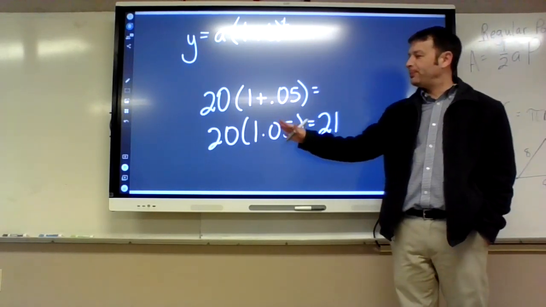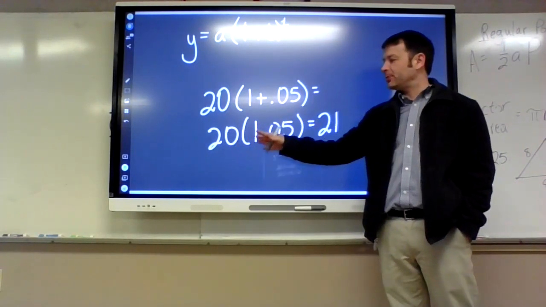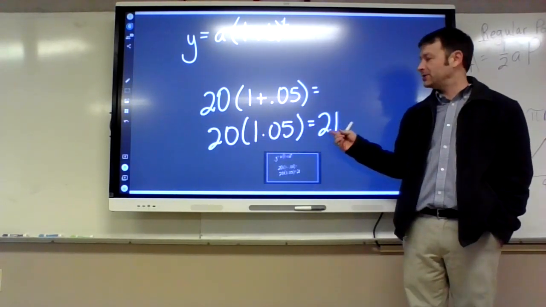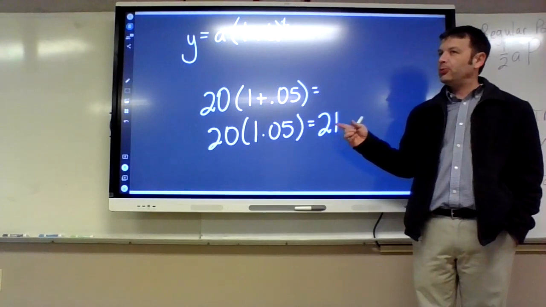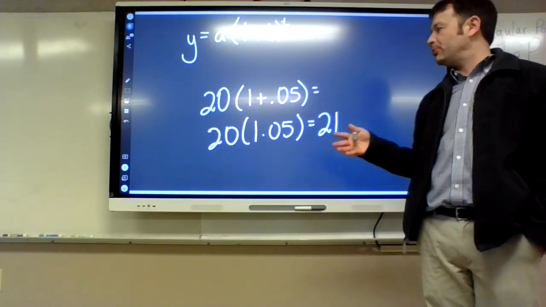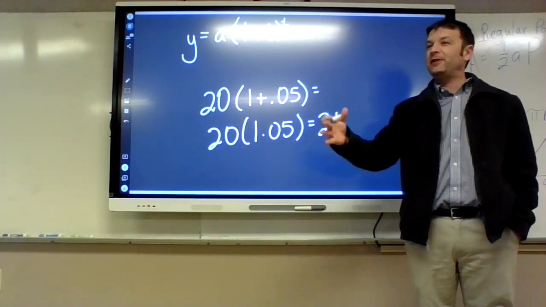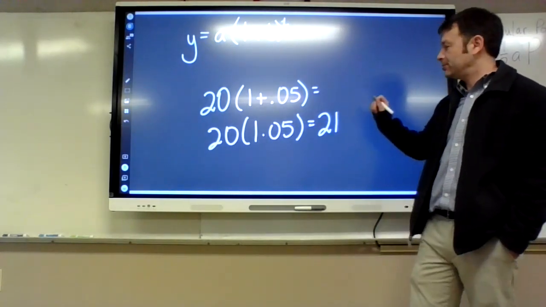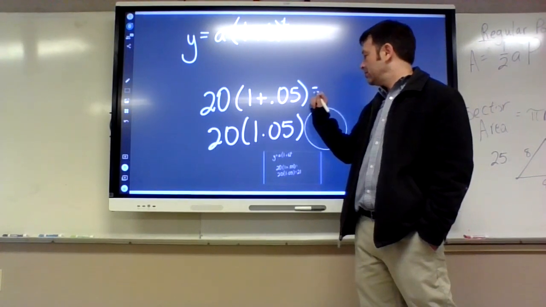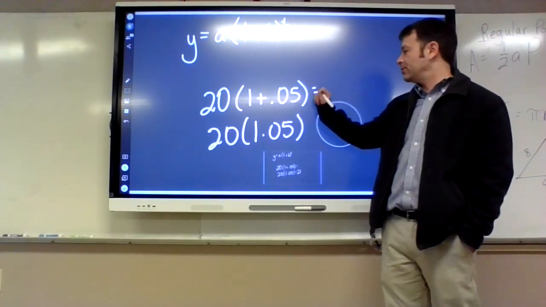So instead of multiplying by 0.05 and adding it to 20, I just multiply by 1.05. That gets you up to the 21. Okay, but that would be an increase for 1 year. What if it increased by 5% for the next 4 years, like until you were seniors? Well, you wouldn't multiply by 4.